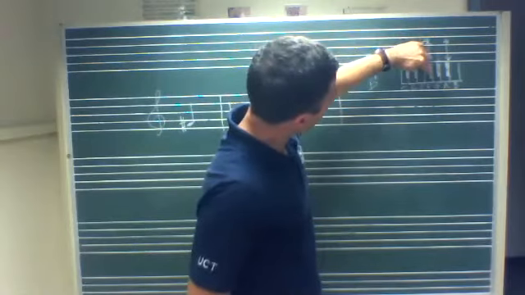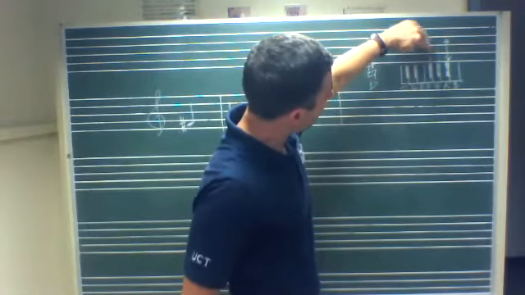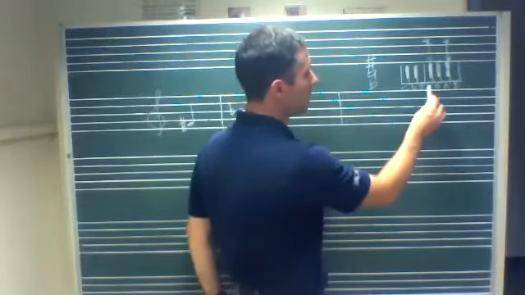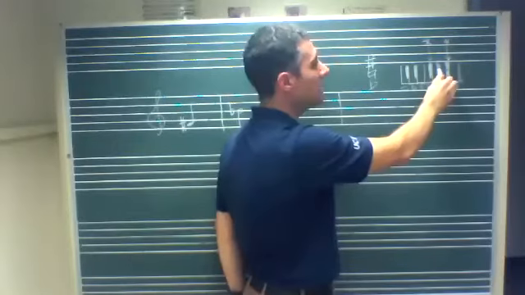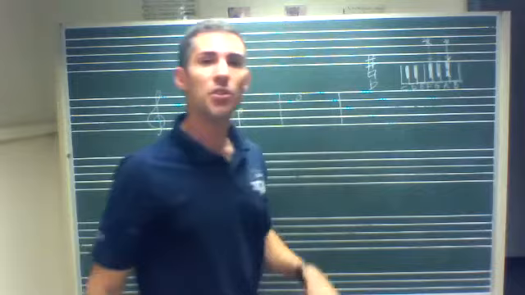Remember, this note over here is F sharp. If we go up two semitones, we start on there, we jump one, we land on G. If we jump another one up, we get to G sharp. So we write the sharp. And there we have it.